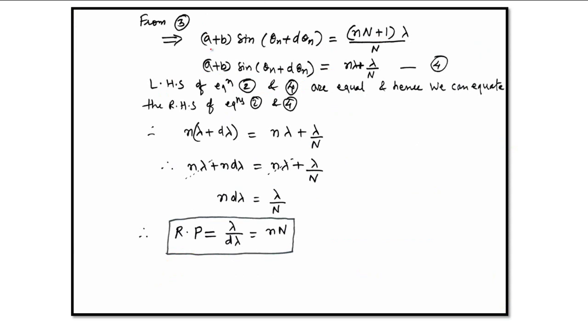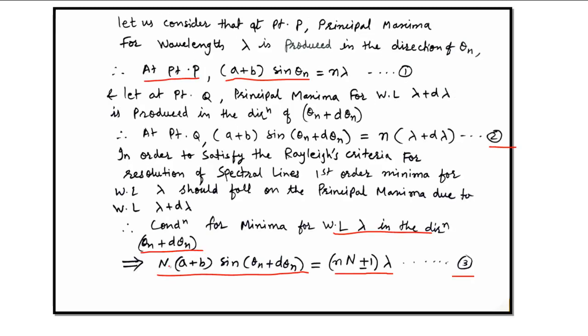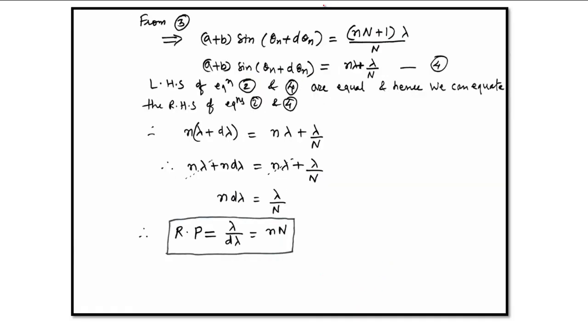So from equation 3 we get (a plus b) sin of (theta n plus d theta n) equal to (nN plus 1) lambda divided by N. So I bring this N to the right hand side. So this will be (a plus b) sin of (theta n plus d theta n) equal to n times (N plus 1 divided by N) times lambda.